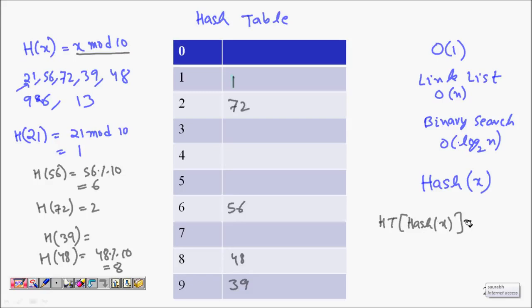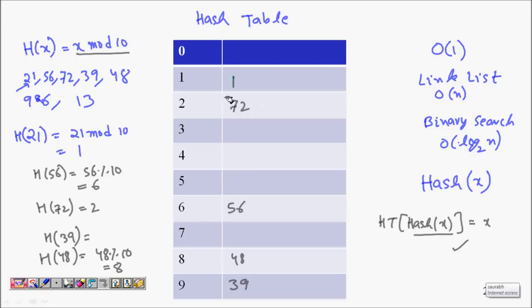So 72 will be stored in HT[2]. This is fine.